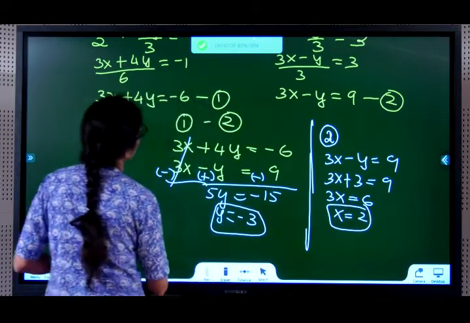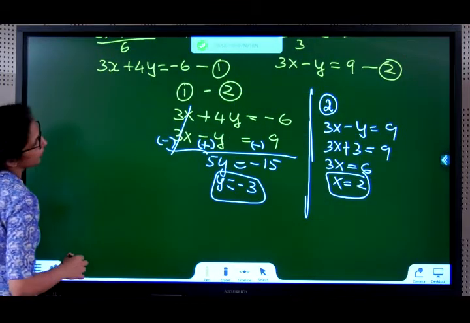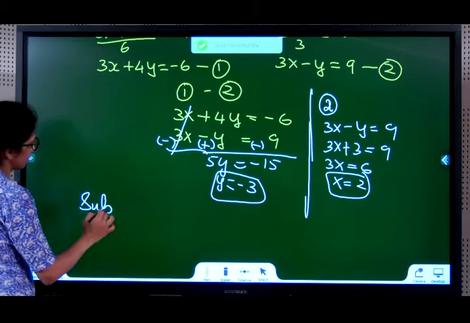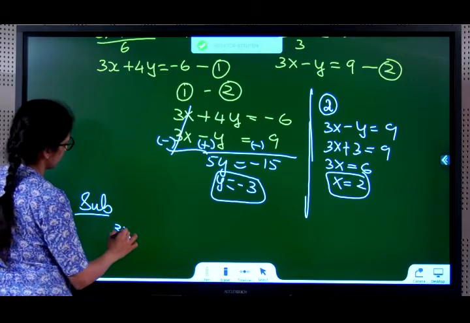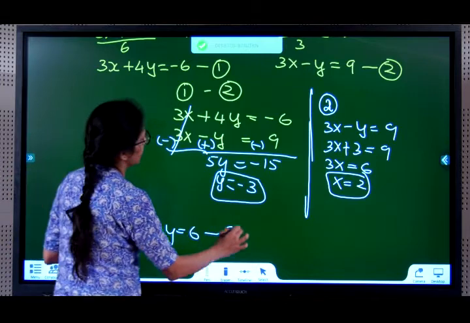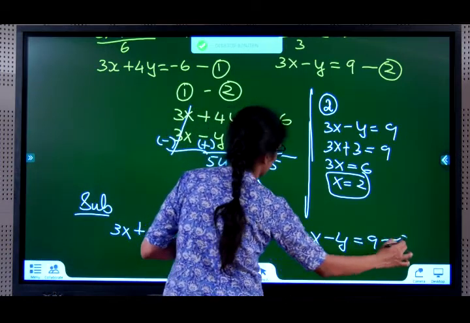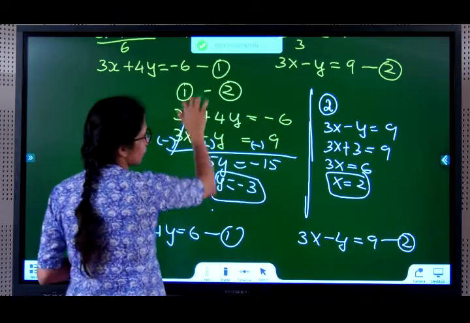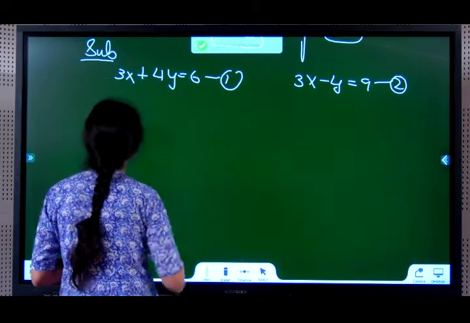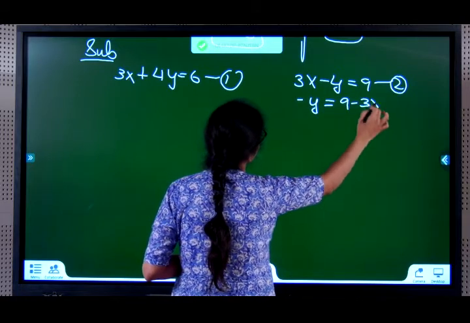Okay. So now I am going to use the same two simplified equations that we got to do the substitution method. In the substitution method, we'll take the first equation to be this after LCM, and 3x minus y is equal to 9 after LCM. Let's go ahead. So minus y is 9 minus 3x.